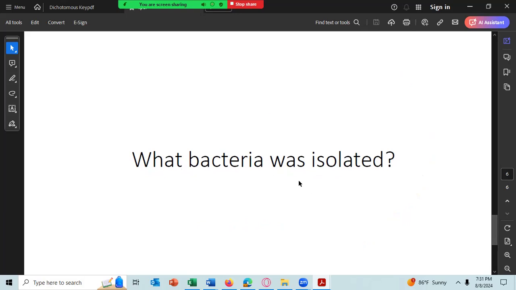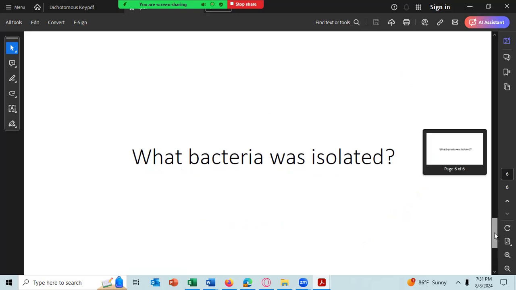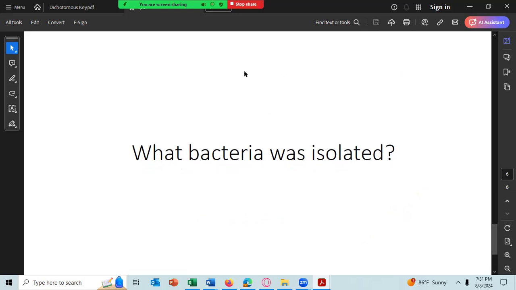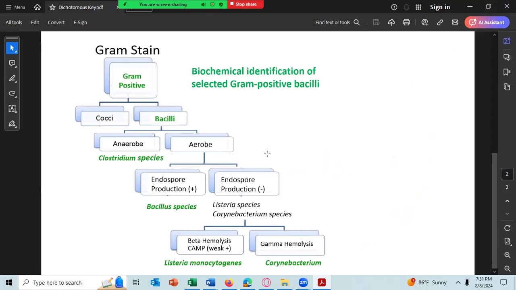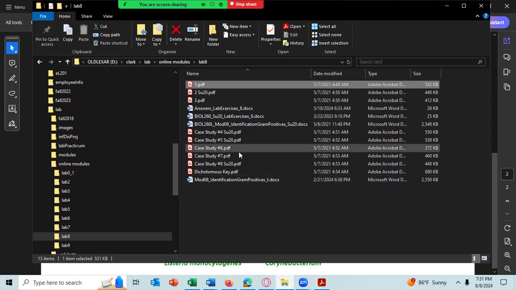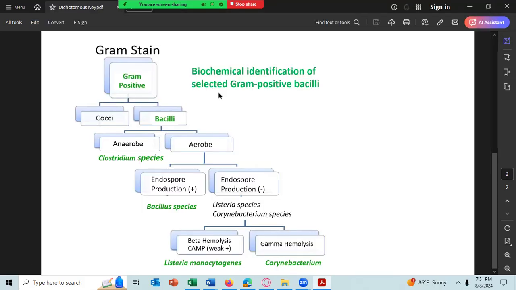And what bacteria was isolated? Any questions? If not, I'm just going to briefly look at case study 2, and then I'll turn it over to you guys to work on the lab.